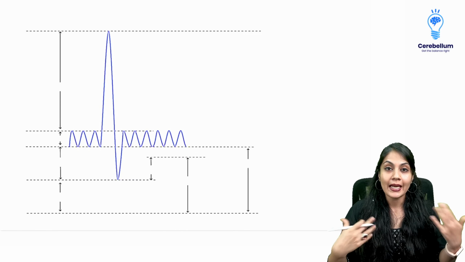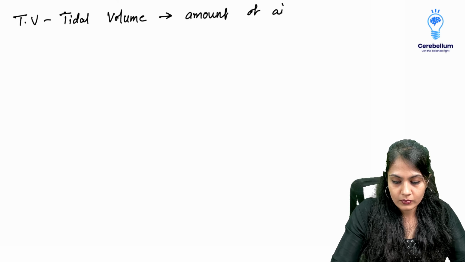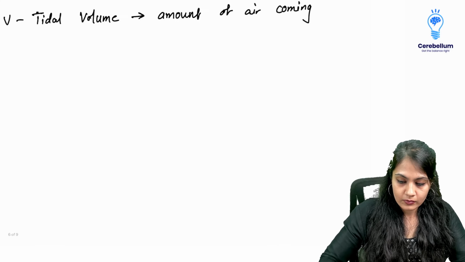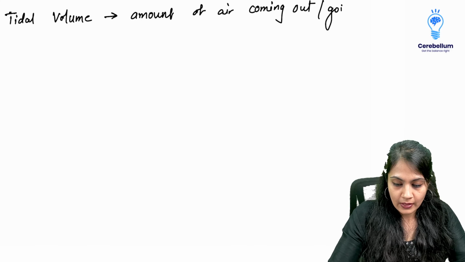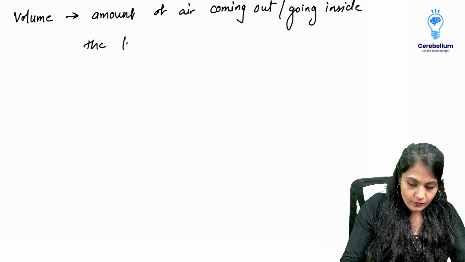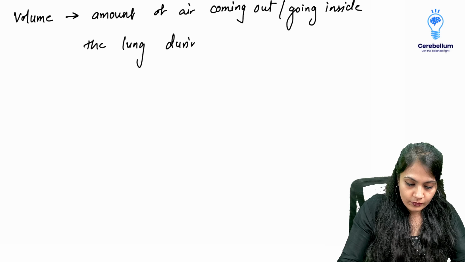So write down, what is tidal volume? Tidal volume, I'm going to write it as TV, is the amount of air coming out of the lung or going inside the lung during normal, or we can say resting, quiet, one and the same thing, expiration or inspiration respectively.